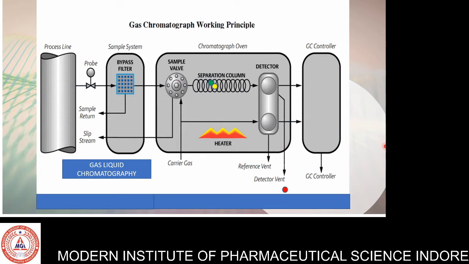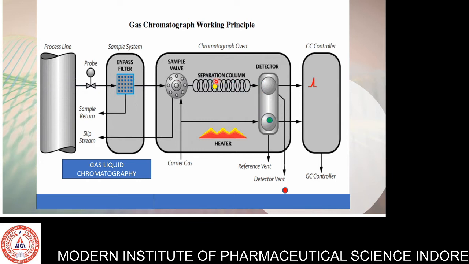First is the procedure: sample injection. A small amount of liquid sample to be analyzed is drawn up into the syringe. The syringe needle is positioned in the hot injection port of the gas chromatograph and the sample is injected quickly. The sample is combined with the carrier gas, and the liquid sample is converted into gas form.